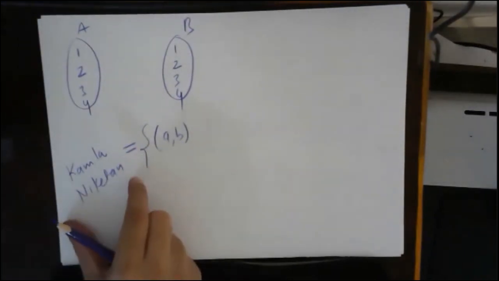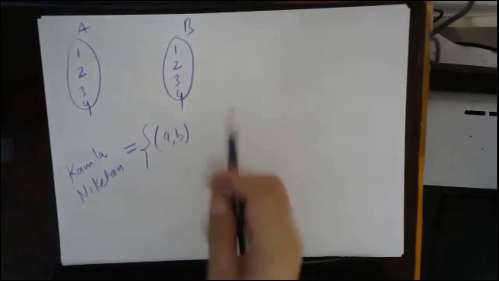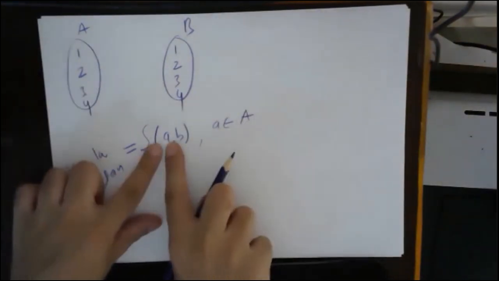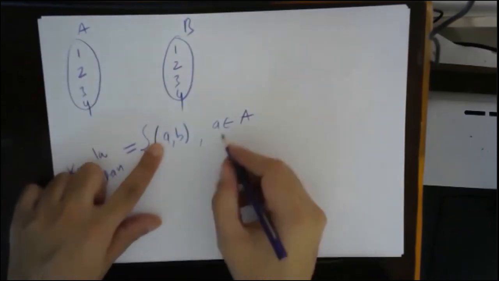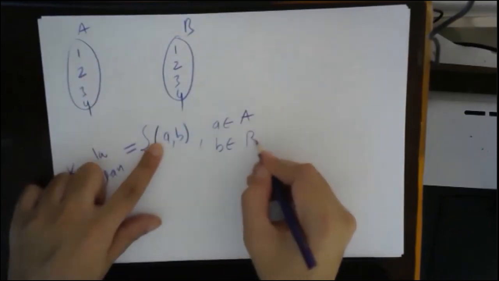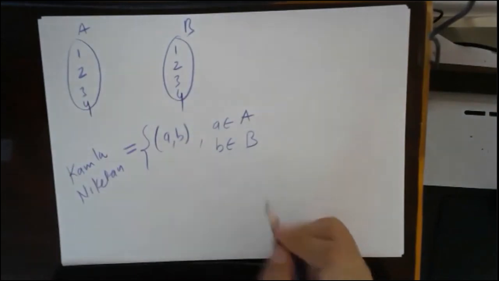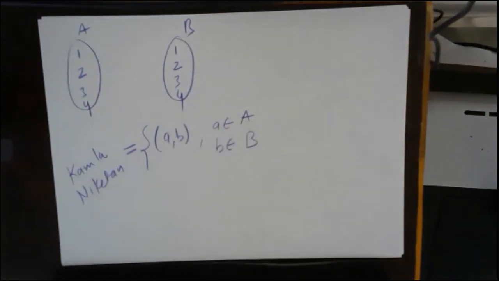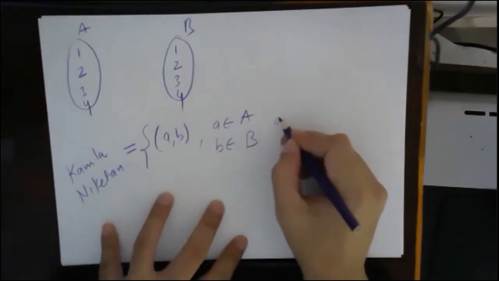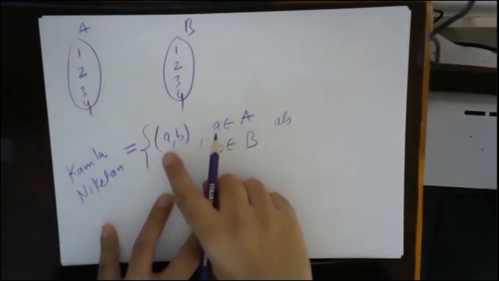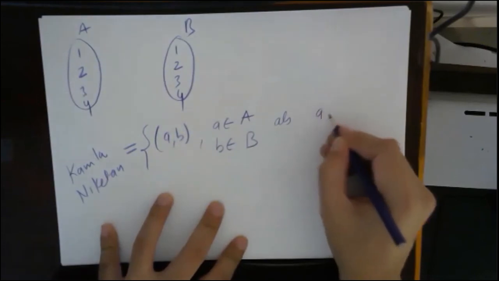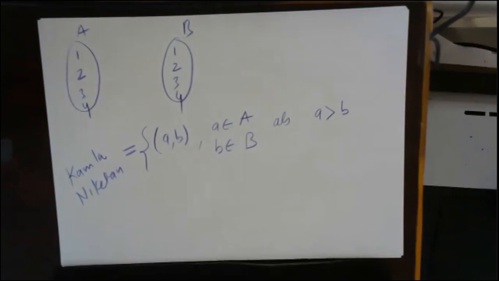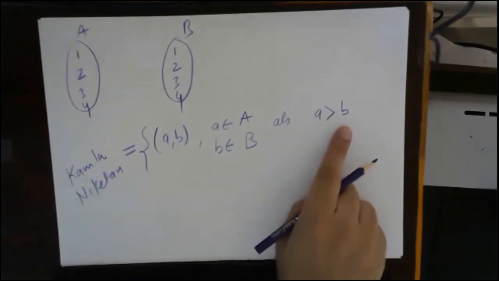This Kamla Niketan is a set which contains (a, b), where a is an element which belongs to set A, and b is an element which belongs to set B. Fine. Also, how are a and b related? a should be greater than b.